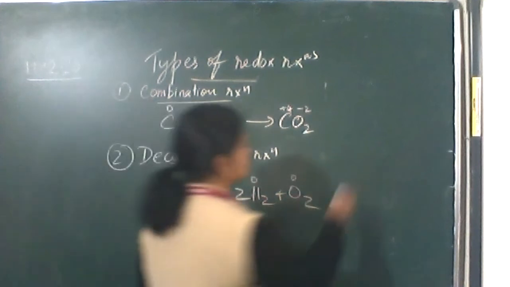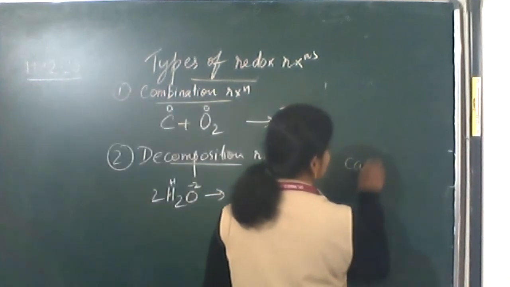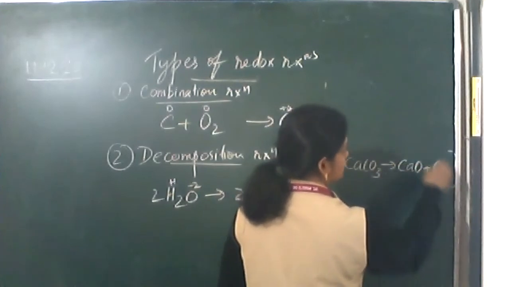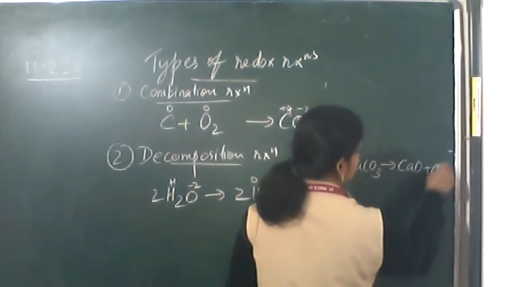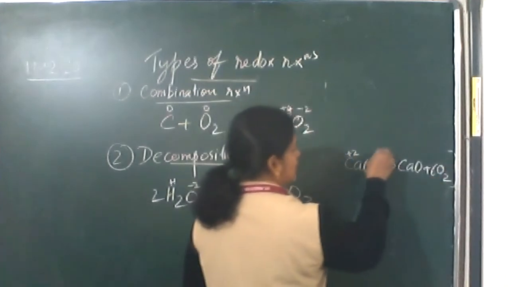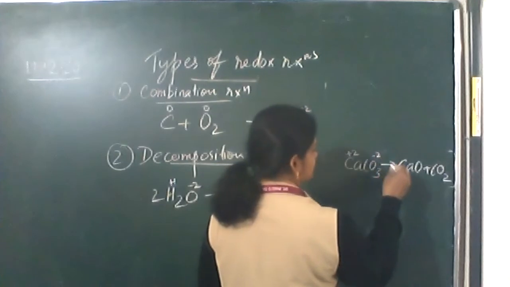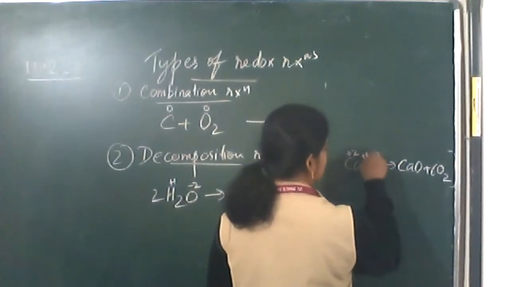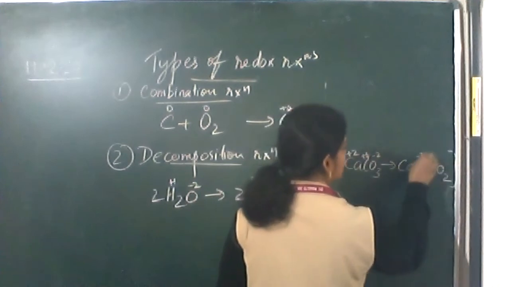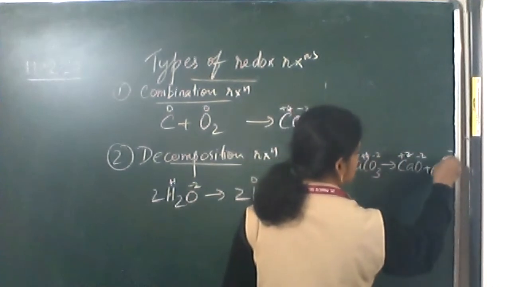Consider this decomposition: CaCO3 decomposes to CaO and CO2. See here, this is plus 2, minus 2, carbon plus 4, minus 2; plus 2, minus 2; plus 4.